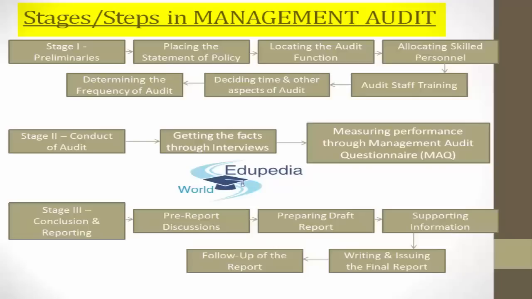Third thing comes in as the allocation of skilled personnel. The management audit team should consist of highly skilled personnel, I mean extremely highly skilled individuals, with knowledge of the following areas: auditing theory and practice, organization and management, their review principles, effective methods of control, technology, commercial practices, basic knowledge of commerce, law, taxation, costing, quantitative techniques, all these things.